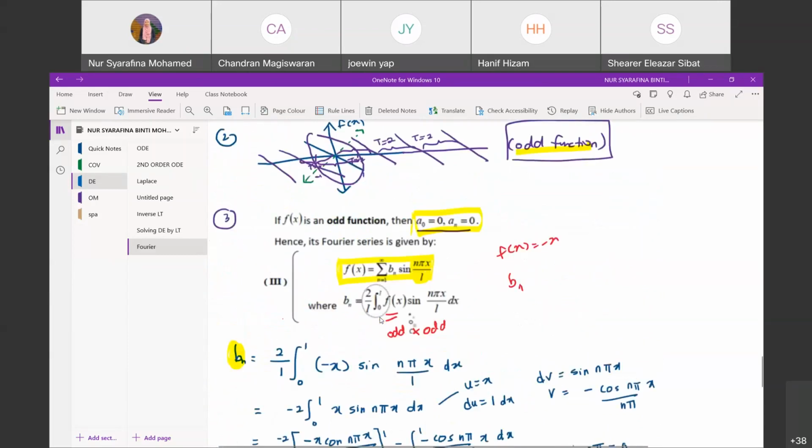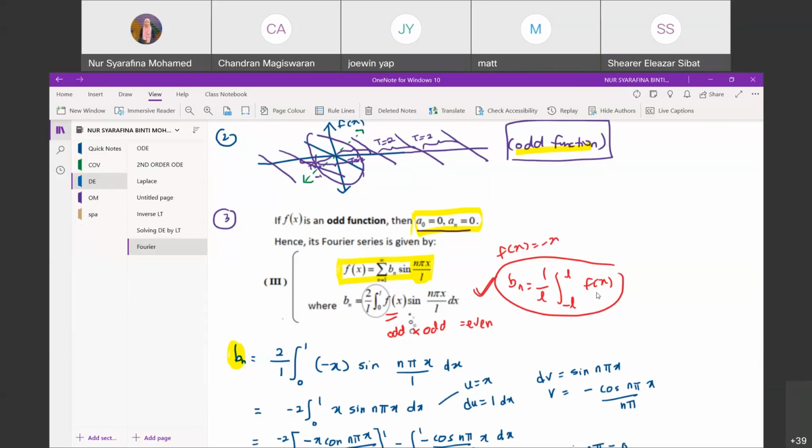So integrating, bn is 1 over L integrated from negative L to L of f(x) sine n pi x. Since this is even, then we can use the integral property of even functions: 2 over L integrate from 0 to L of f(x) sine n pi x. If you want to use the full range, it is okay too, but maybe you will face a long calculation.